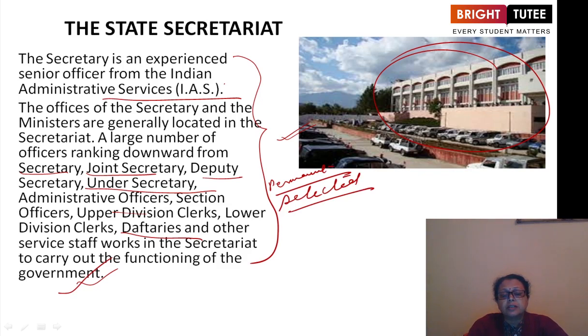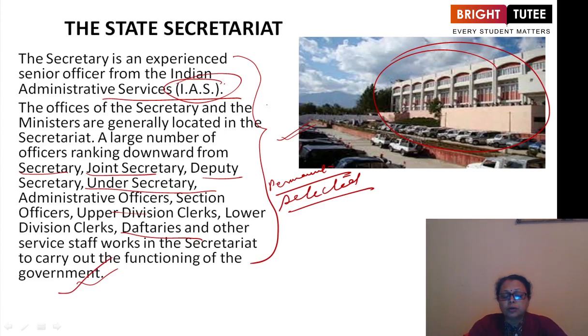The Public Service Commission conducts the examination for the IAS, the Indian Administrative Services, and these secretaries, experienced senior officers, are given the chance to act as a secretary. So this is about all these staff in the secretariat who carry out the functioning of the government. The hierarchical system means top to low and lowest to top.